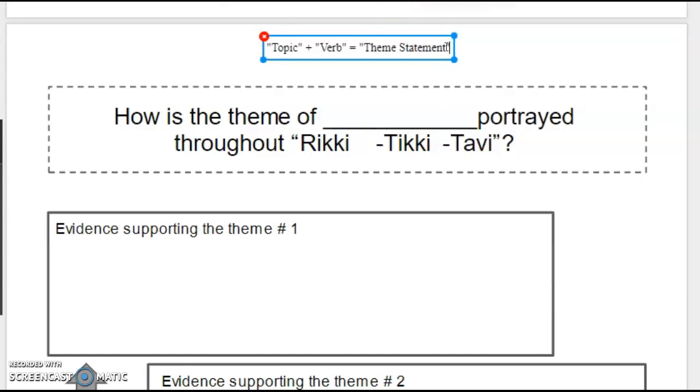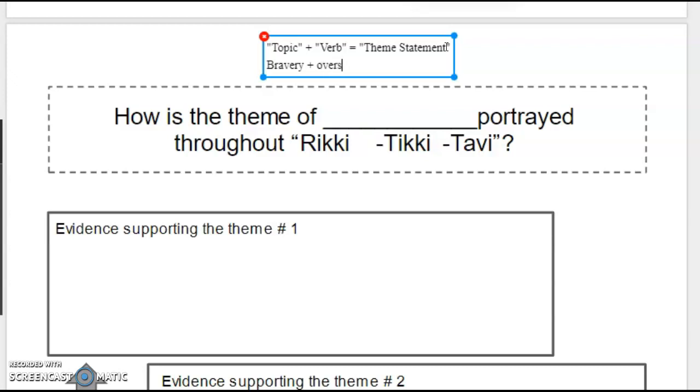So what I had you do in class is create your own. One of the easiest themes to talk about with Rikki Tikki Tavi is heroism or bravery, okay? So for our topic, just as an example, I had bravery plus what kind of verb? Bravery leads to what? Or overcomes what?